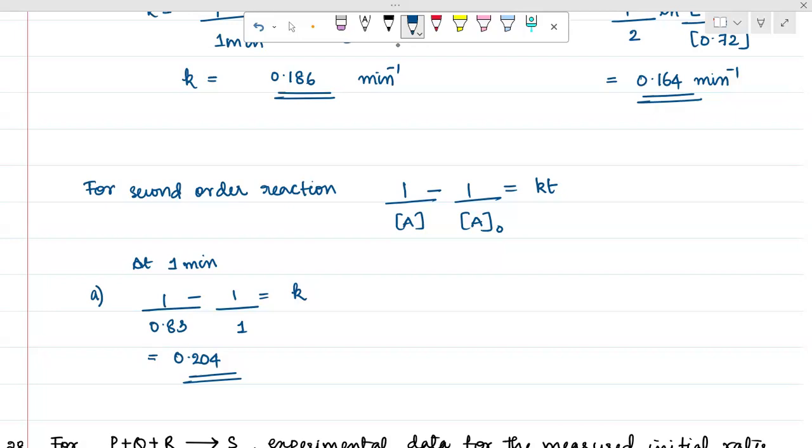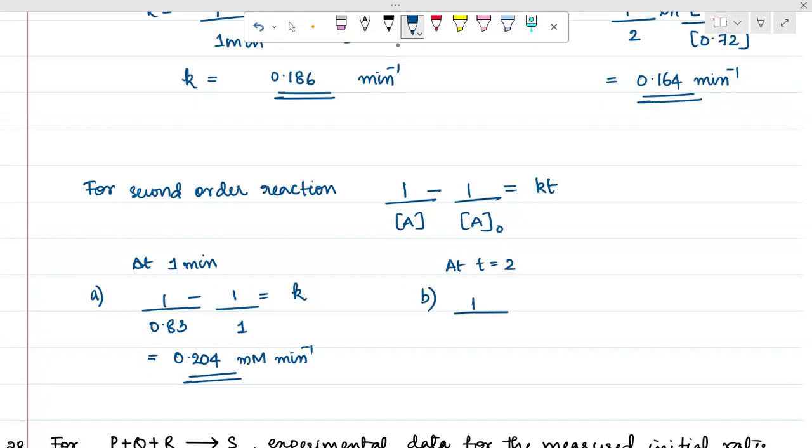What will be the unit? Here it is in millimolar. Okay, we'll do the unit in the next part so that it's not confusing. For a second order reaction, it's always going to be millimolar per time. I'll show you how it comes. Now, next case is at T is equal to 2 minutes.